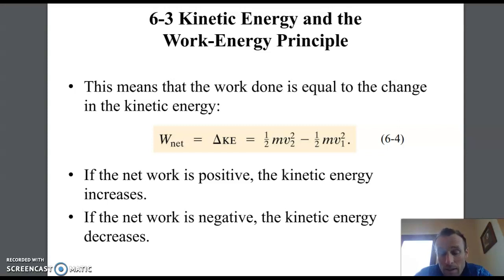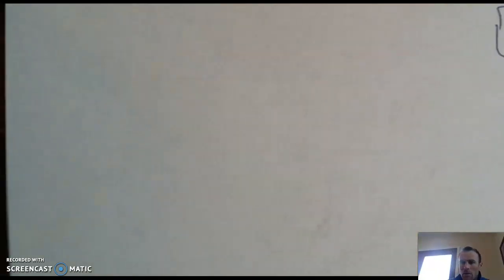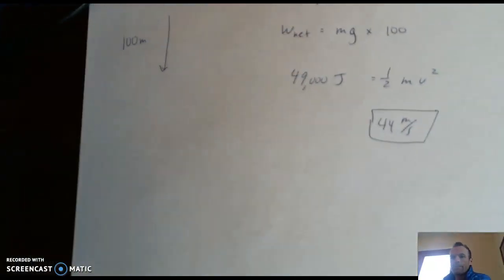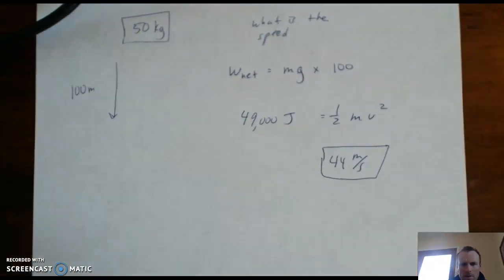If the net work is negative, we would expect the car to be slowing down. We're going to be taking energy out of the system. At the end of the day, we'll have less kinetic energy, and that's because the force is opposite the direction of motion.